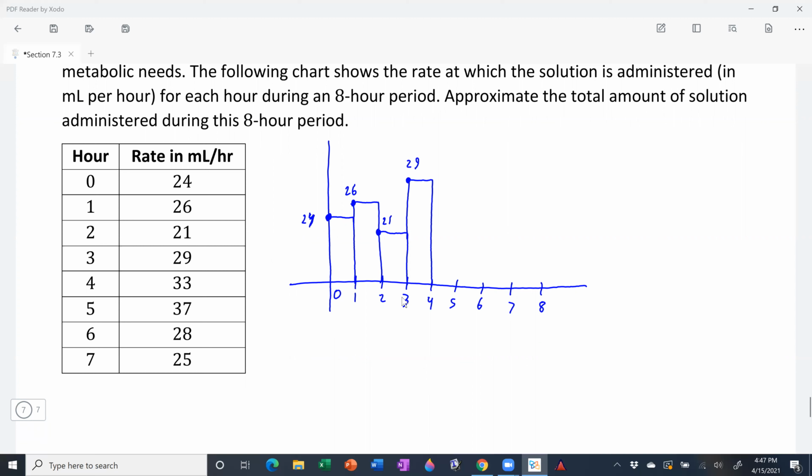Okay, hour 4 was at 33. And a bunch of left endpoints going on. Hour 5 was at 37.